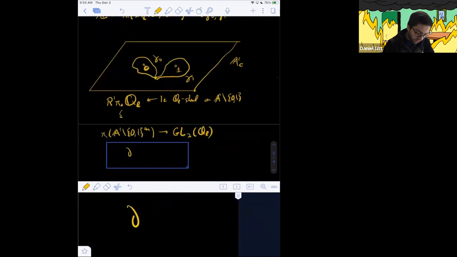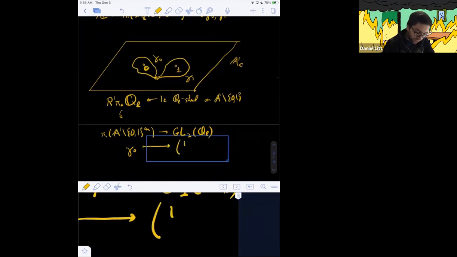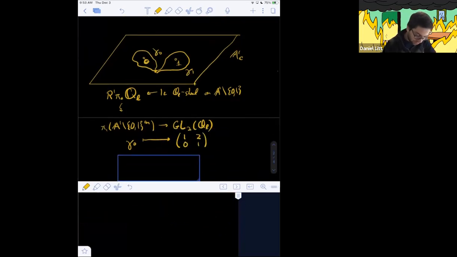One has to choose bases appropriately and orient these loops appropriately, but you can do an analytic computation. For example, I've actually done this with the Weierstrass P function. It's a little harder to do this computation algebraically, although one could also do it, but it would be kind of involved. So what you get is the following representation: gamma 0 goes to the matrix (1, 2; 0, 1), and gamma 1 goes to the matrix (1, 0; 2, 1).